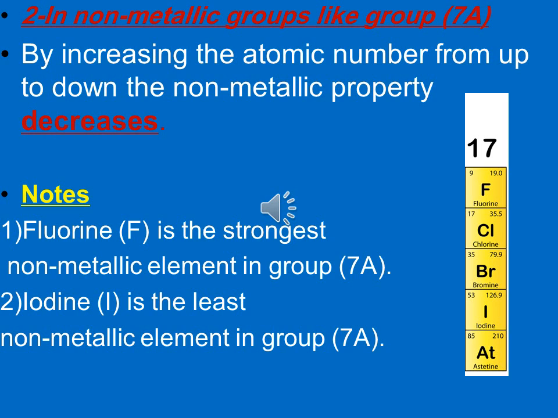As we go down in this group, the atomic size is increasing, so electrons are going away from the nucleus, so the attraction is decreasing, so gaining electrons decreases, so the non-metallic property decreases, until we reach iodine. It's the least non-metallic element in group 7A because it has the largest atomic size in this group. That's why its attraction force is the least, so gaining electrons is difficult for it.